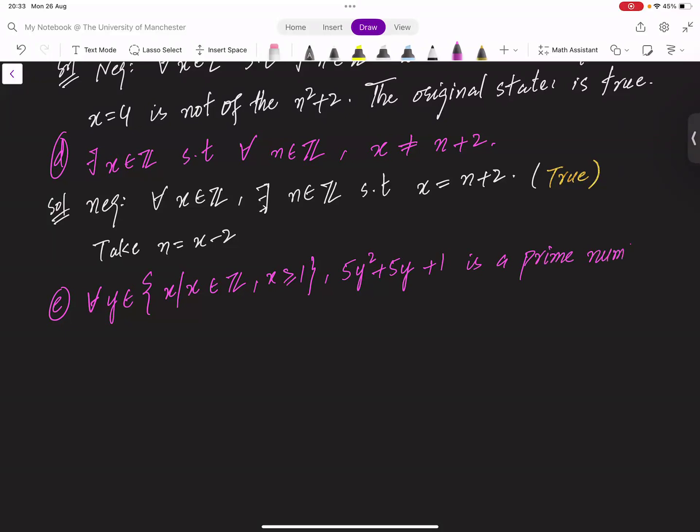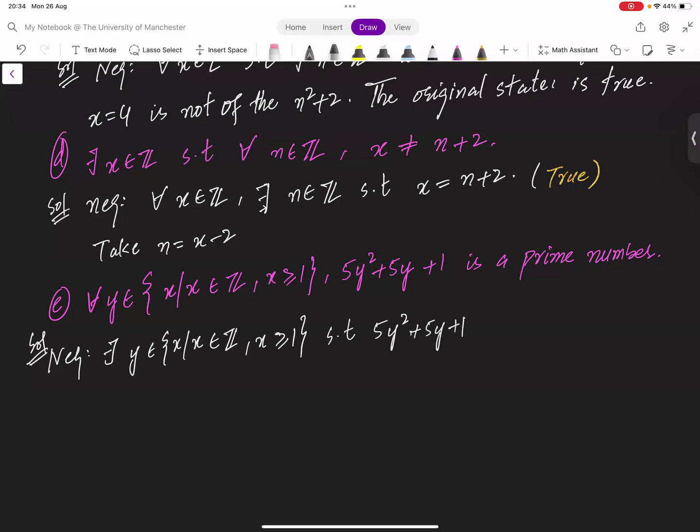To negate this, we can say there exists a number y in the set for which this expression is not a prime.